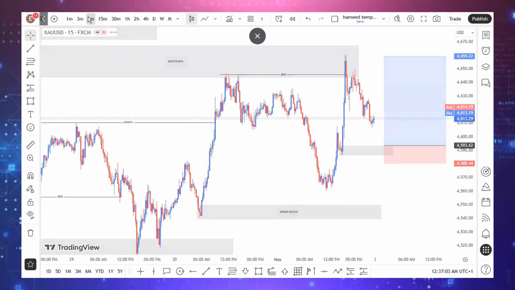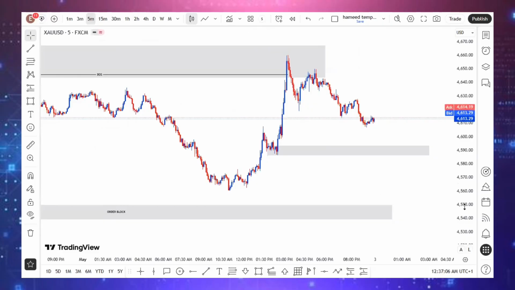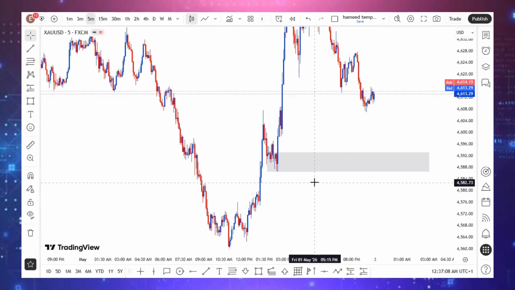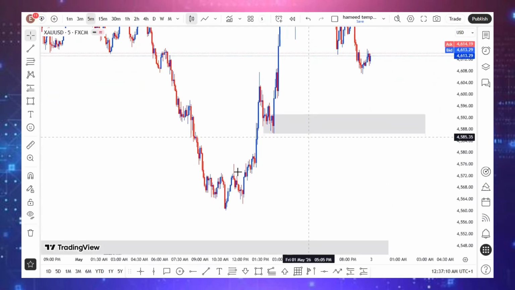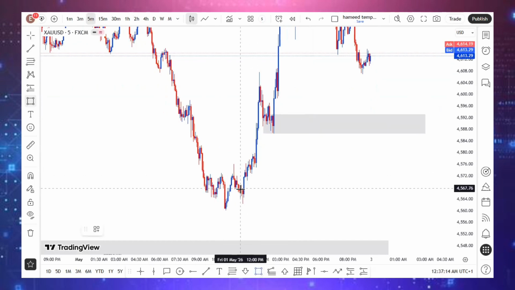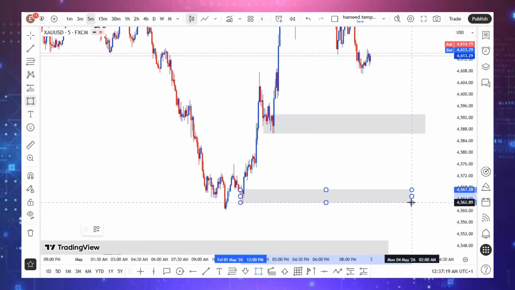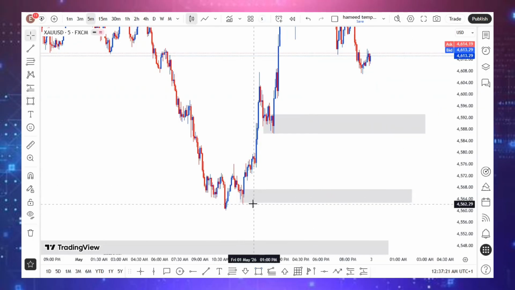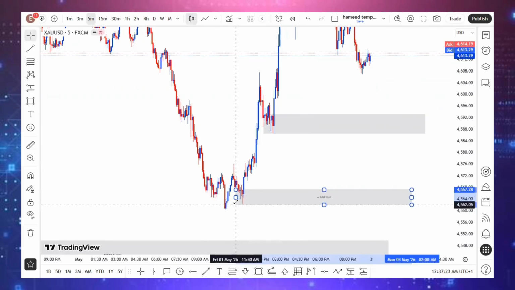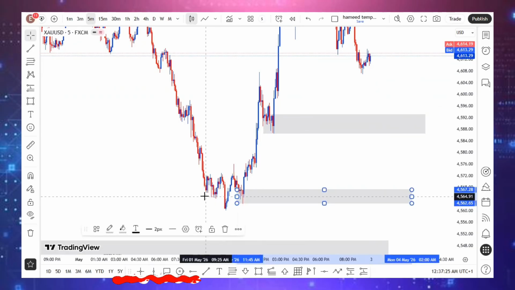Check on 5 minutes. There is another order block here also. This is another order block here. Look at it here.